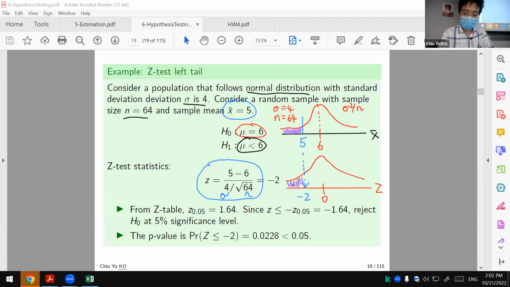So exactly this one is simply NORM.S.DIST of -2, TRUE. And that's it. No need for 1 minus, because this is already the left-hand side. We have found it already, it's going to be this value, and this is less than 5%, so we reject.